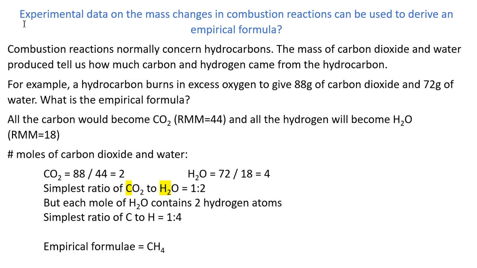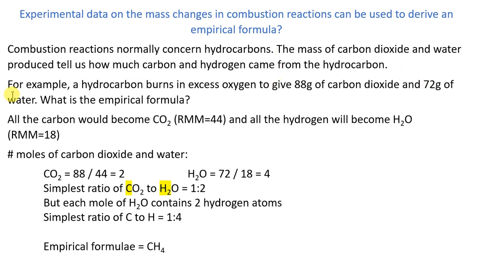Bit different. Experimental data on the mass changes in combustion reactions can be used to derive an empirical formula. Combustion reactions normally concern hydrocarbons. The mass of carbon dioxide and water produced tell us how much carbon and hydrogen came from the hydrocarbon.